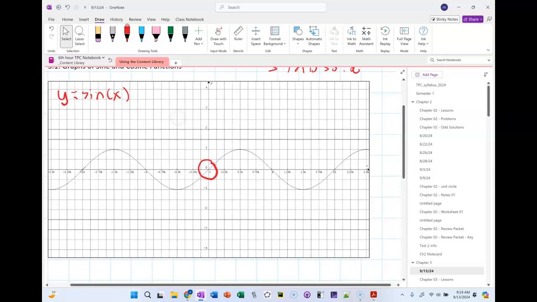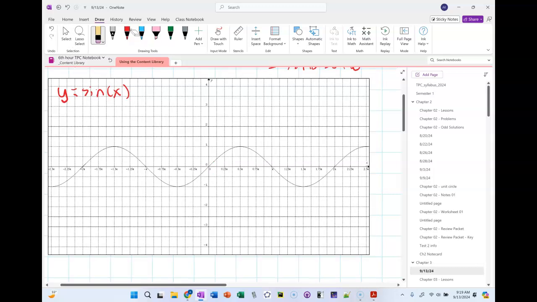So let's talk about what those things are. I'm going to do this just via example because I think it keeps everything nice and simple. We're just going to kind of use our eyes to do this. So the first one that I want to talk about is the midline. The midline splits your graph in half. So you have an equal amount of stuff above the midline and an equal amount of stuff below the midline.